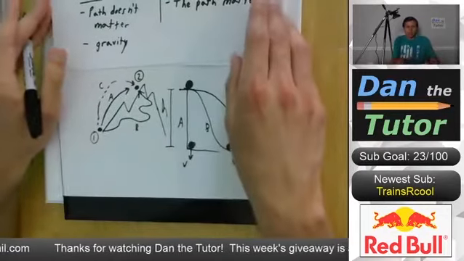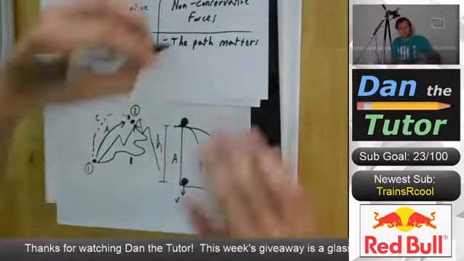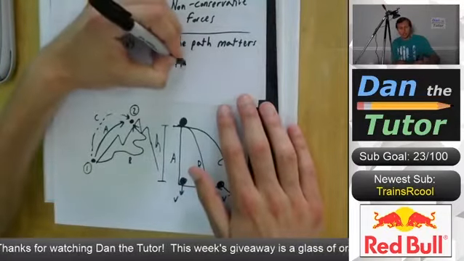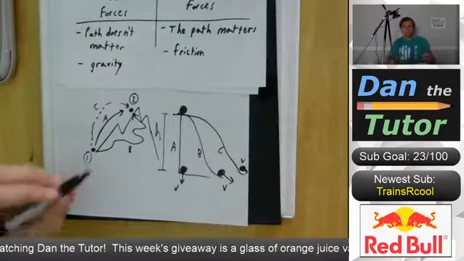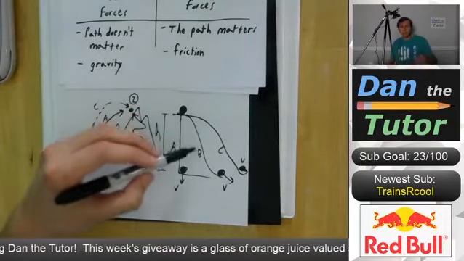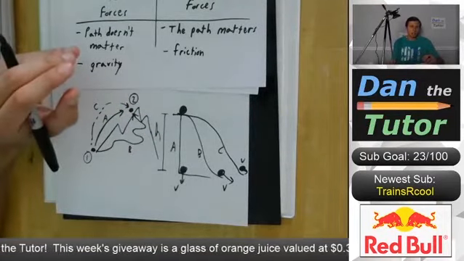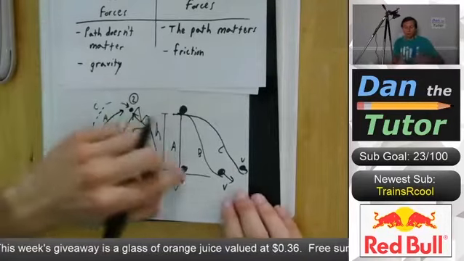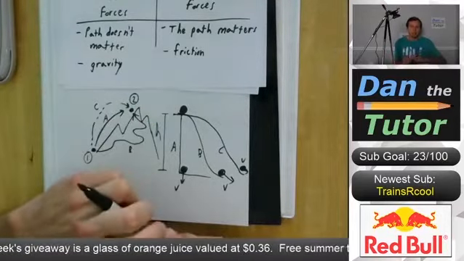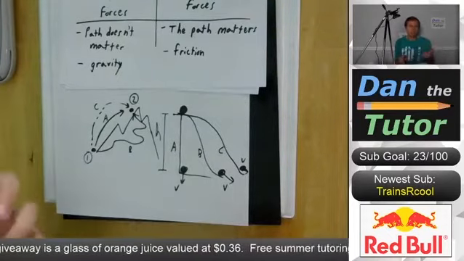Now let's give an example of a non-conservative force. The classic one is friction. If these surfaces are now kind of rough and cause the object to slow down, we're going to have different energies at all three of these points. The reason being, friction is going to take away energy from the system.